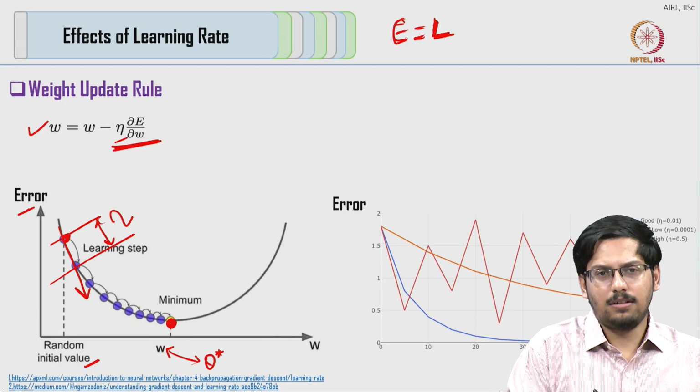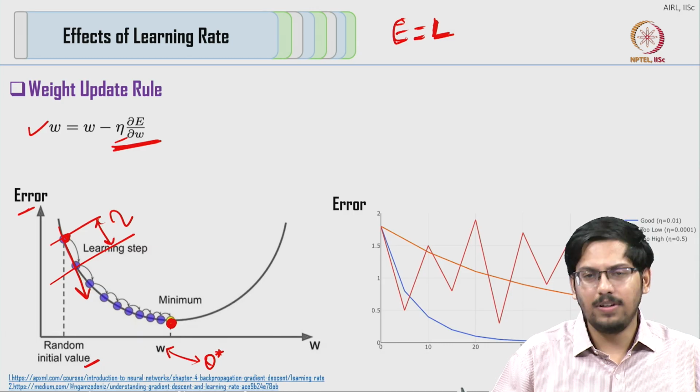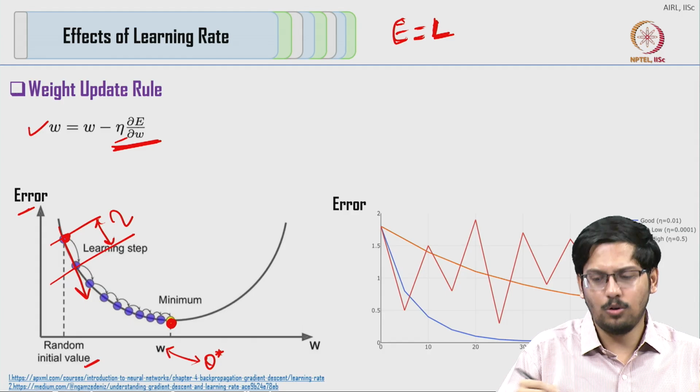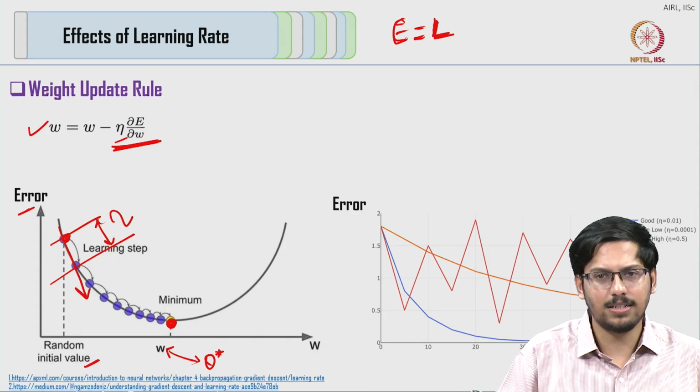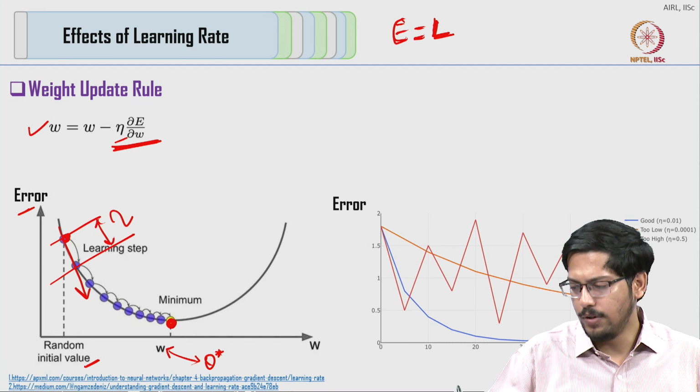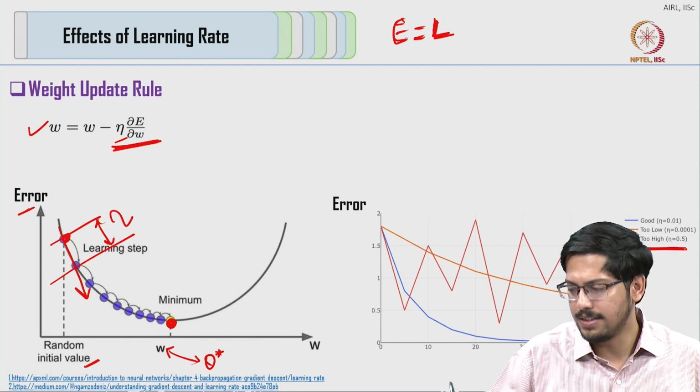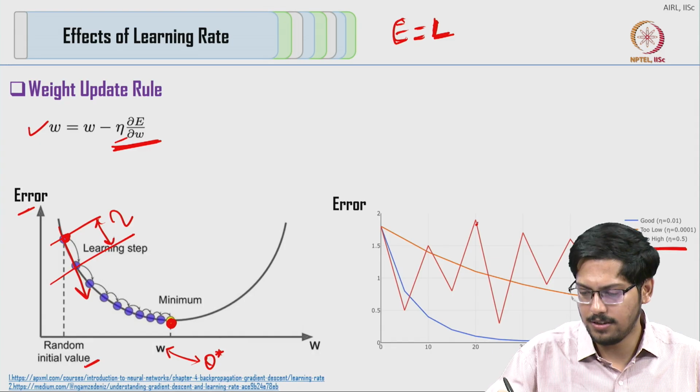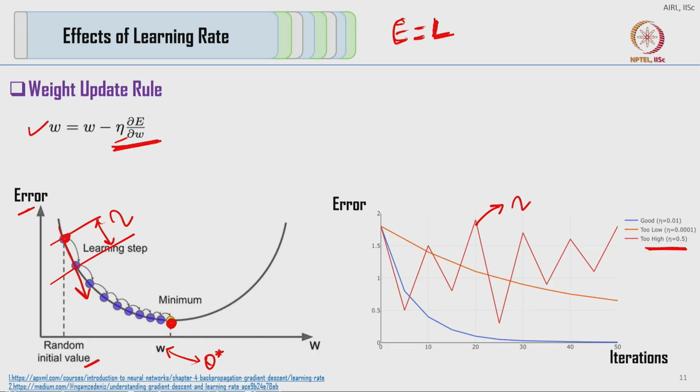Now if we relate the left figure to the right figure, the right figure shows the optimization using different learning rates. We can observe that the red curve is when the learning rate is very high, and in this curve we observe an oscillatory motion. When the learning rate is very low, which is the orange line, we can see that it follows a very slow convergence.